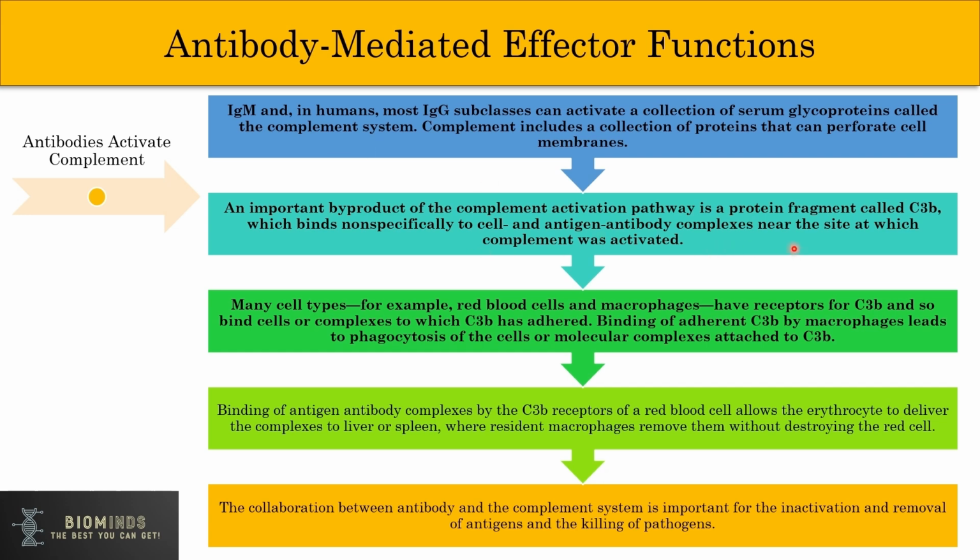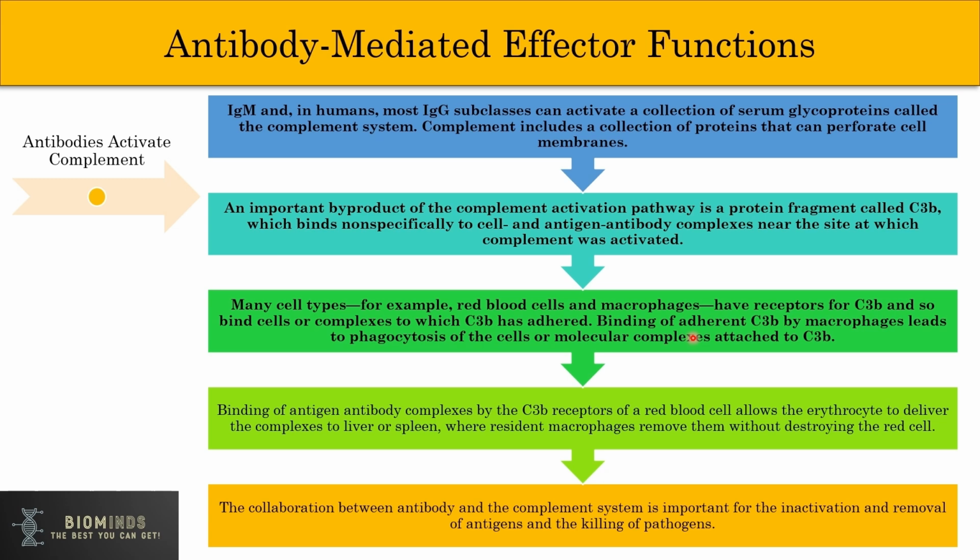The main complement protein is C3b. It will bind to the antigen antibody complex and it will activate the complement system. When the complement system is activated, it will create pores on the targeted cells, which is usually known as the membrane attack complex.